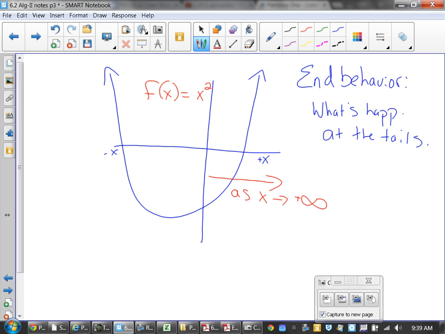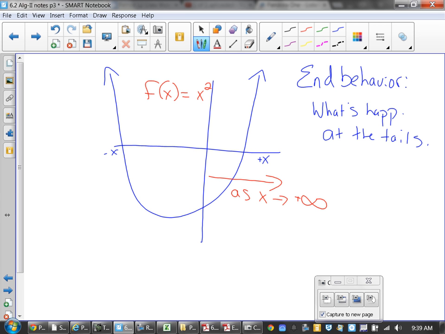I don't know what the actual function itself is, but I know that it's some parabola. Parabolas have an x squared component to them, y equals x squared, for example. In this case, as the values of x are getting larger and larger and larger, what's happening to the values of y? They're also getting larger, aren't they?